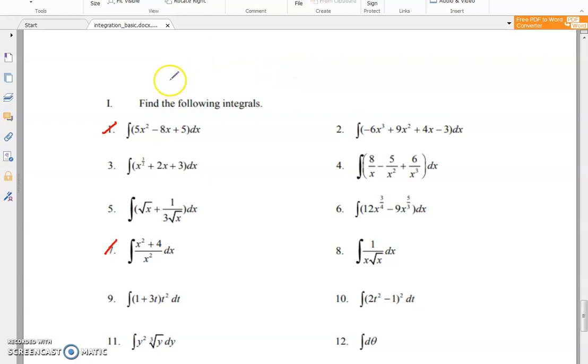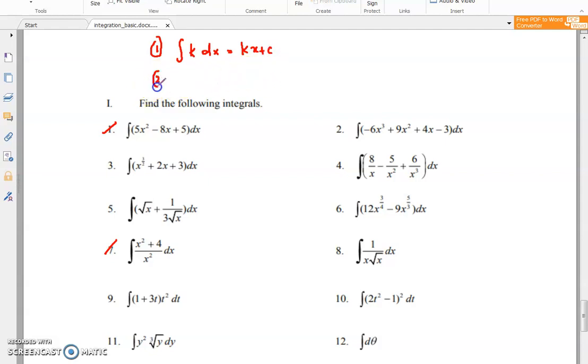Alright, so before we start the calculation, let me list the formulas that you need to use here. The first one: if you want to integrate k, where k is a constant, with respect to x, you are supposed to get kx plus c. This is the first formula that we always use.